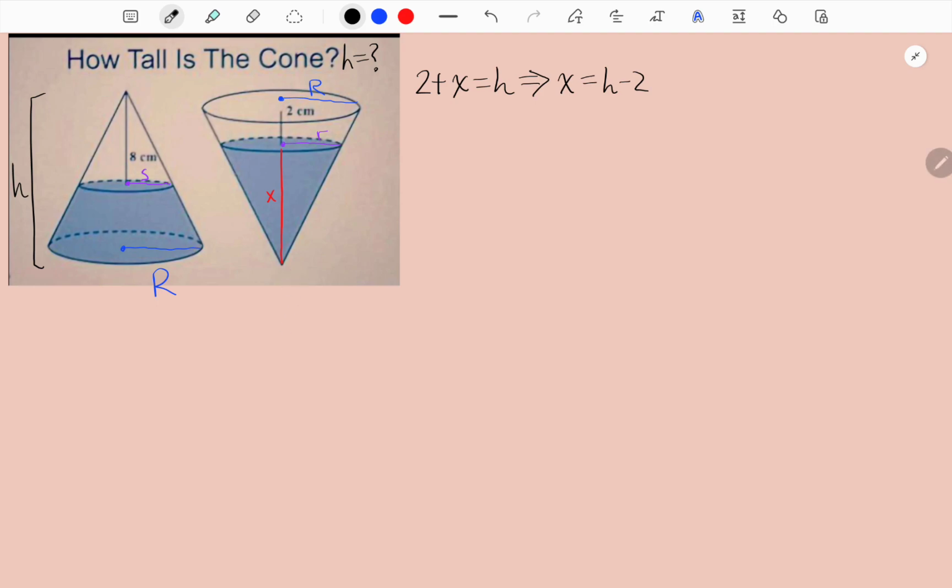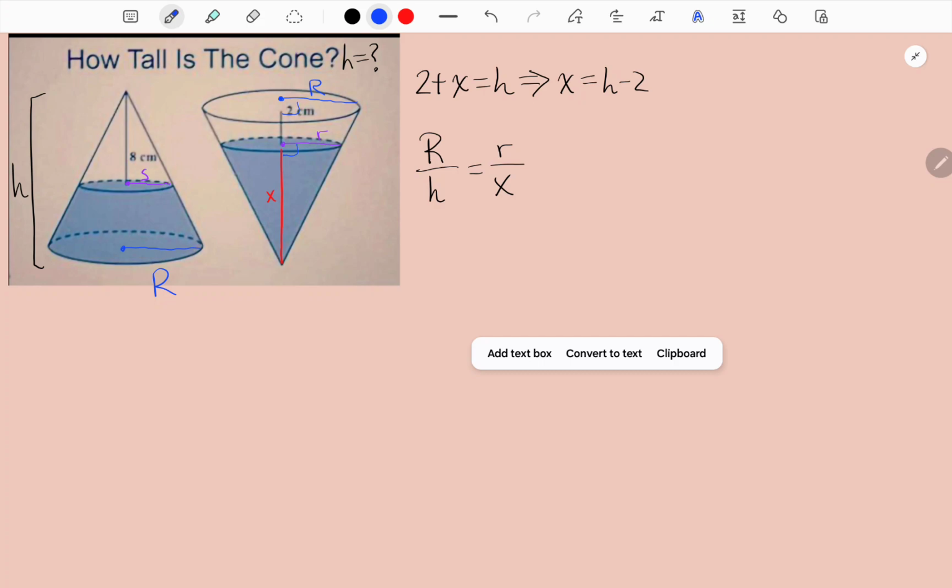Now I'm going to use similar triangles, or similar shapes. The radius of the large cone, capital R, to the height of the cone h is equal to the radius of the blue cone, little r, to the height of the blue cone, x. This is regarding similar triangles, similar shapes, because this is 90 degrees, this is 90 degrees.